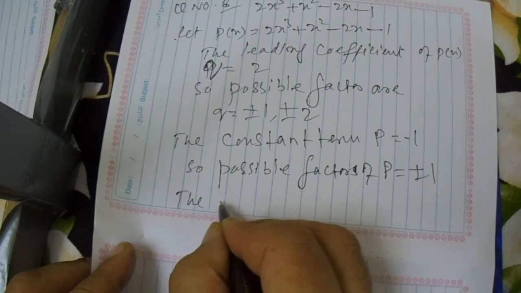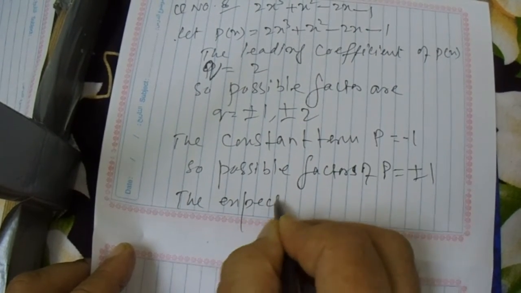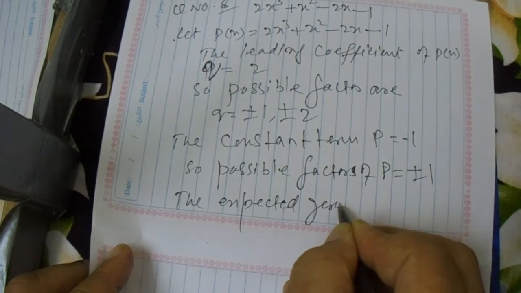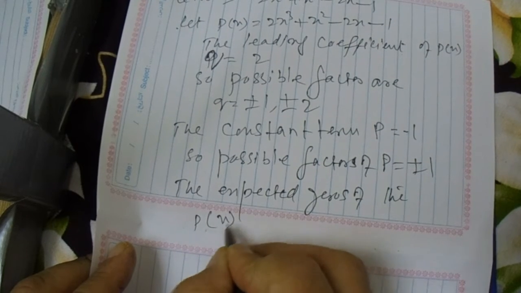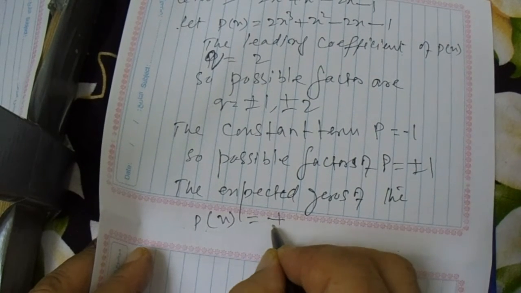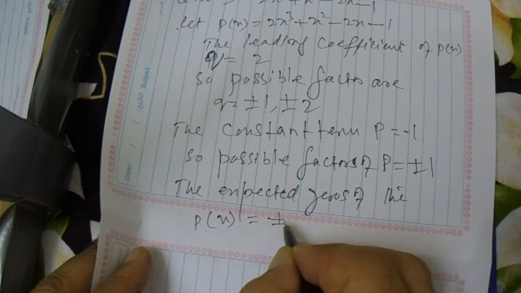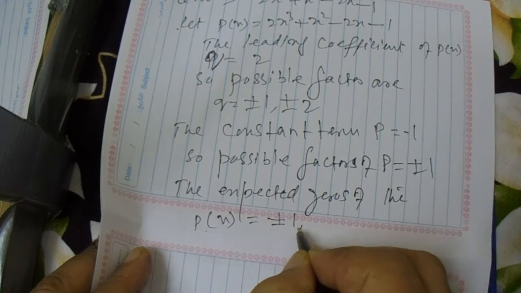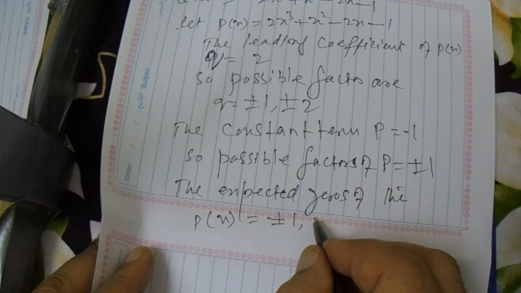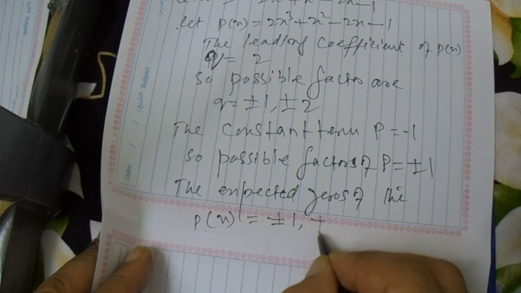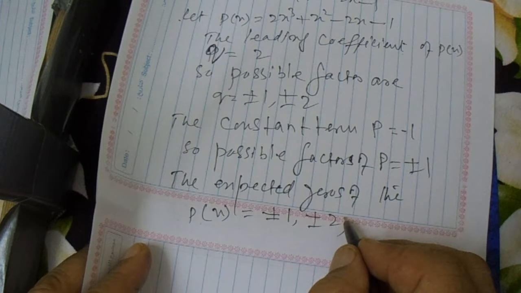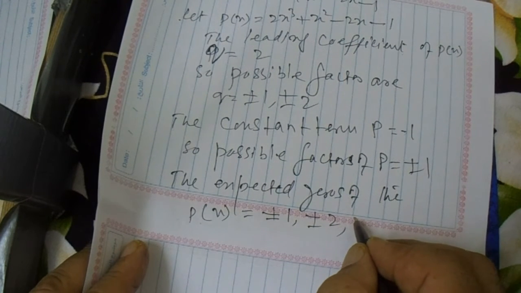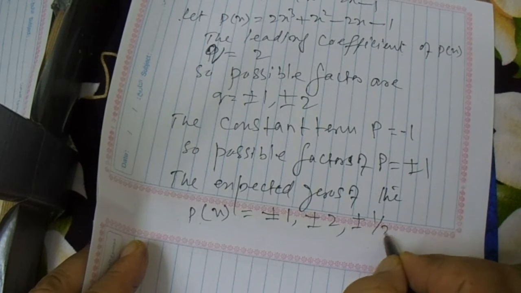The expected zeros of the polynomial P(x) are ±1 and ±2 and ±1/2.